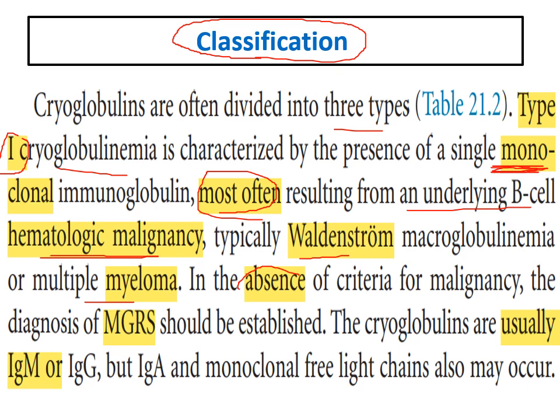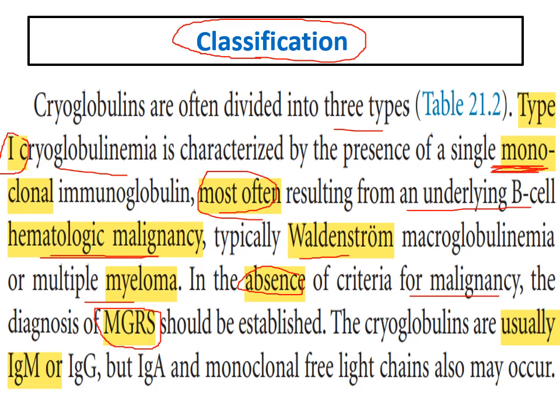In the absence of criteria for hematological malignancy, if the underlying disease doesn't fulfill the criteria to be diagnosed as Waldenstrom or myeloma, a diagnosis of monoclonal gammopathy of renal significance should be established.